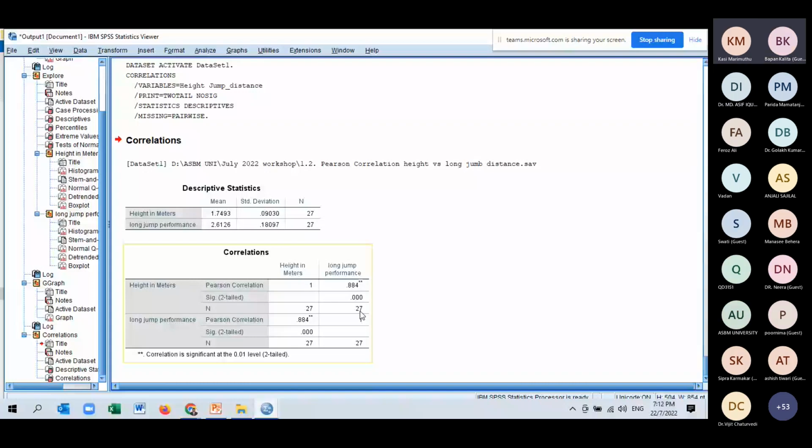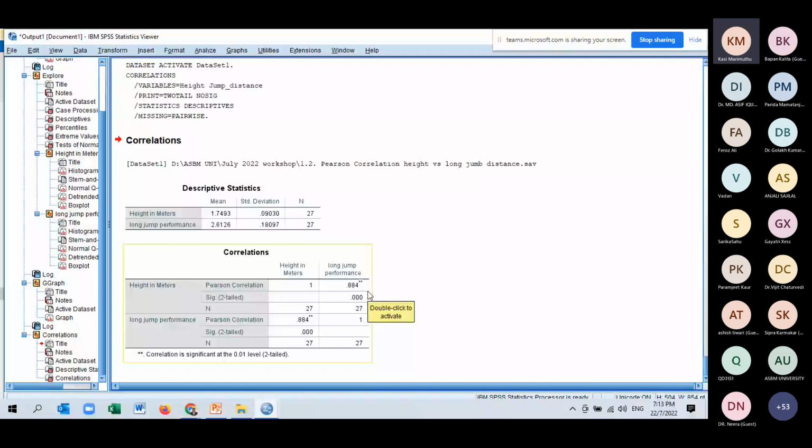Otherwise, sir, it will be a very low level of significance. So the chance of having the results due to chance is very, very limited, negligible. Your results are very good. When your p-value is low, you have significant results.